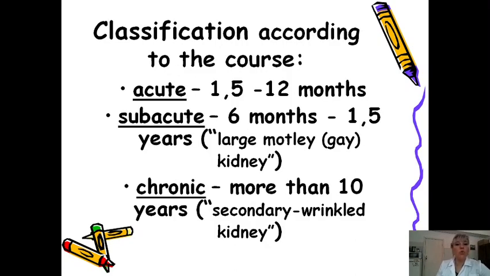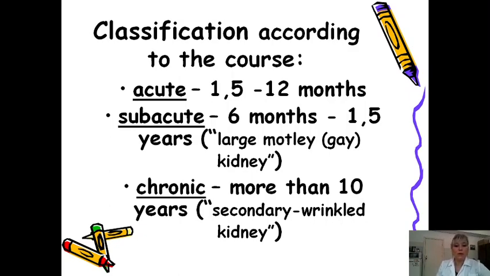Classification according to the course may be acute, 1.5 to 12 months, subacute, 6 months to 1.5 years. Special name for this subacute glomerulonephritis is large motley kidney.